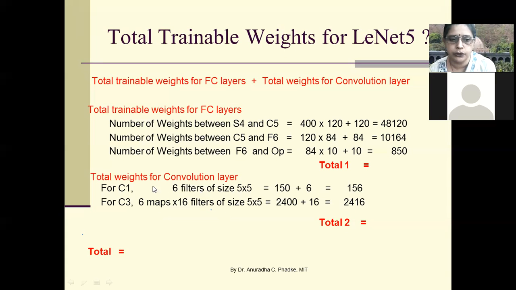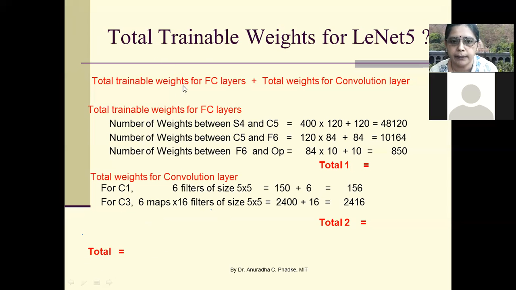Similarly, for convolution layer C1, we need 156 weights. For C3, we need 2416 as trainable weights. So we need to add all these weights to determine the total number of trainable parameters.